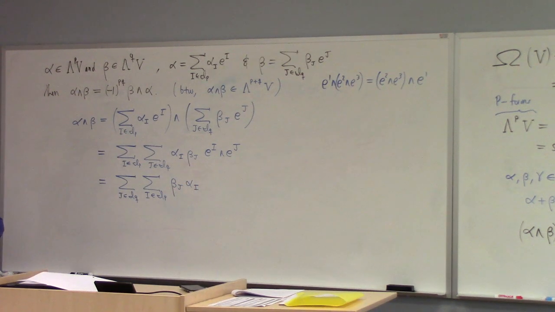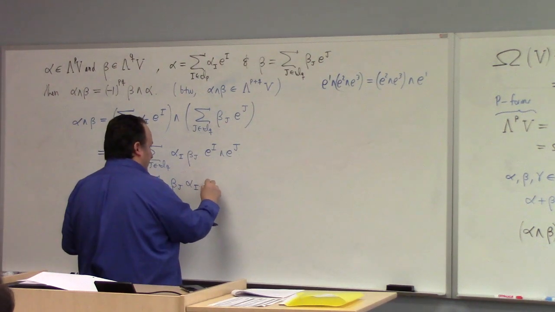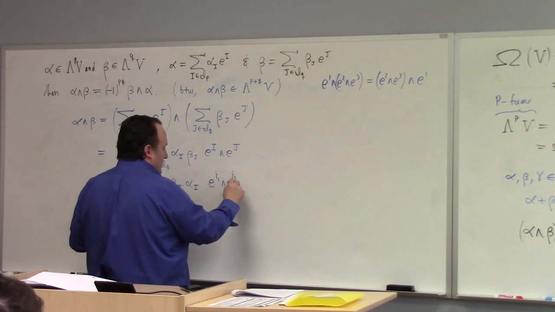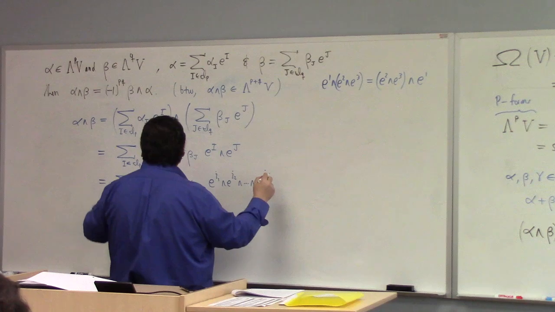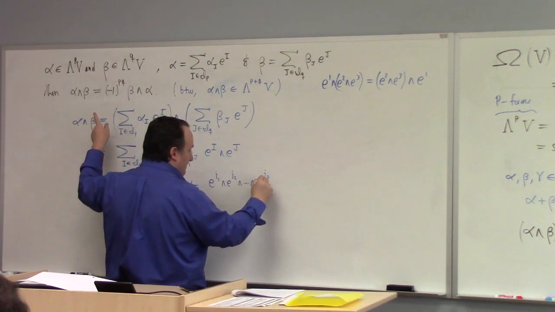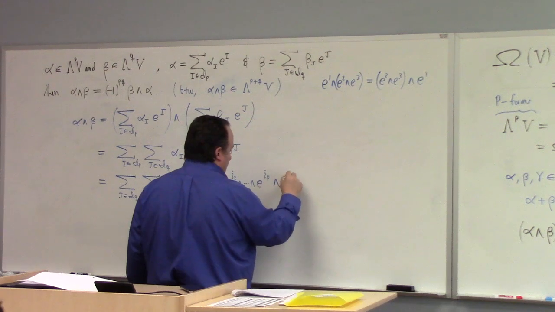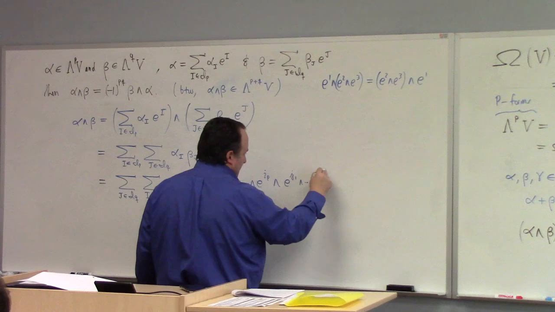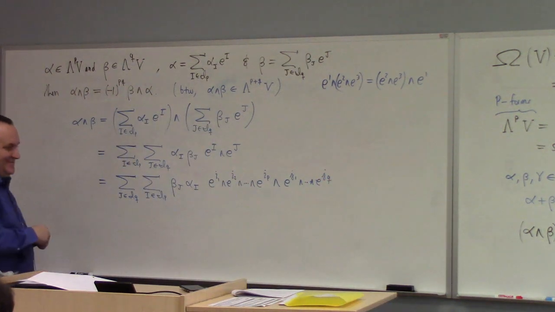All right. Now the problem at this point, let me write it out, is that we're up against E_I1 wedge E_I2 wedge, dot, dot, dot, wedge, E_IP. How many I's are there? P of them. Right? And then we're wedging with E_J1, wedge, wedge, wedge, E_JQ.